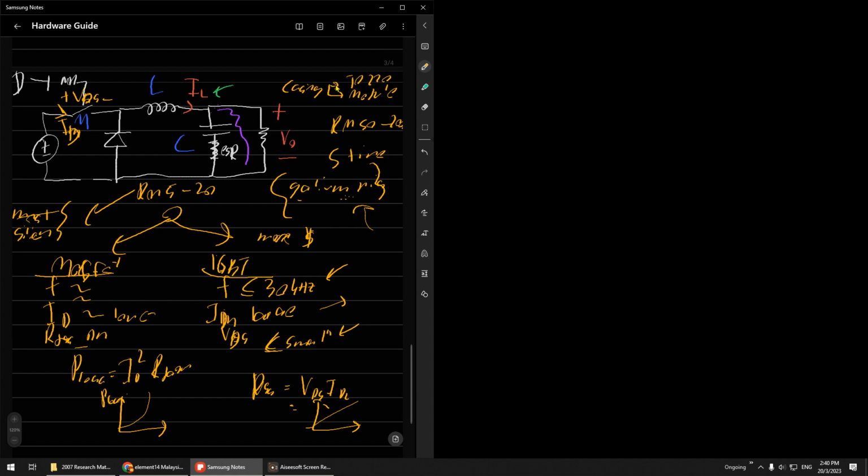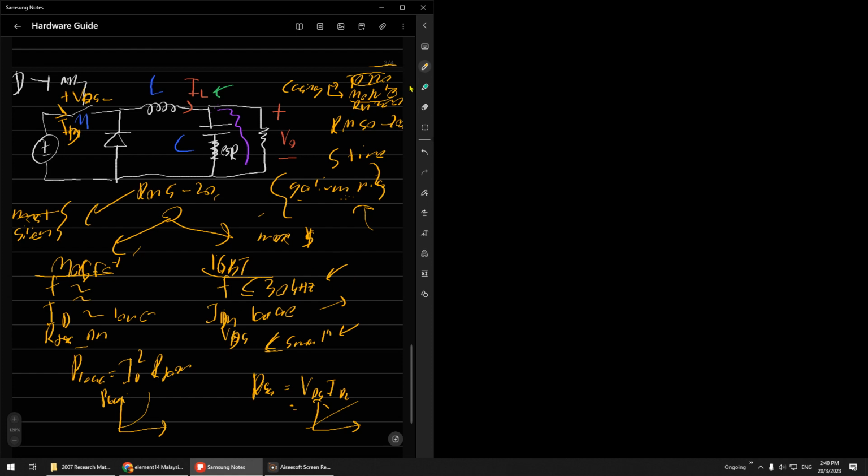The module is usually around RM 300. But for TO220, the price is like I said before. So this is the TO220, but the module is much more expensive, but the rating is very high, so if there is a short circuit or something, it will not be damaged. So that is a thing that you have to consider when you buy the MOSFET.